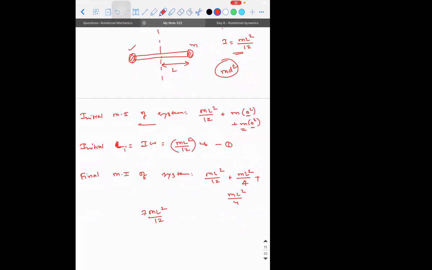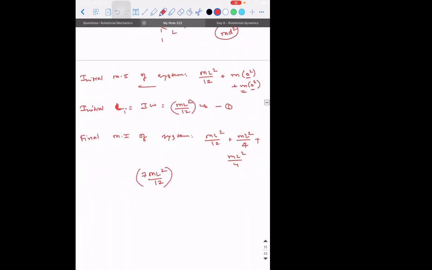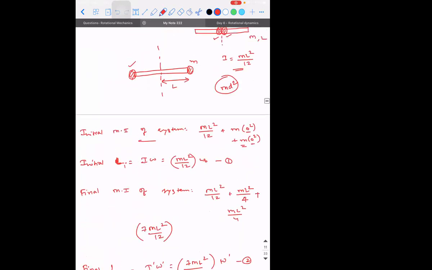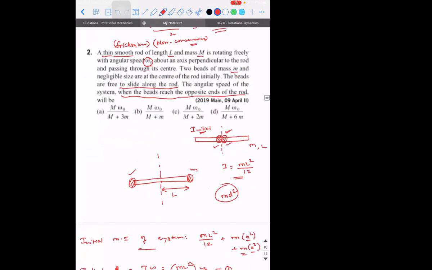Correct? So 7 ml square by 12 into, what is the final angular momentum? That is I dash into omega dash. That is 7 ml square by 12 into omega dash. Try to understand, in this problem some important information that they have given is the beads went to the corners not because of any external force or external torque. It is only because of the system.